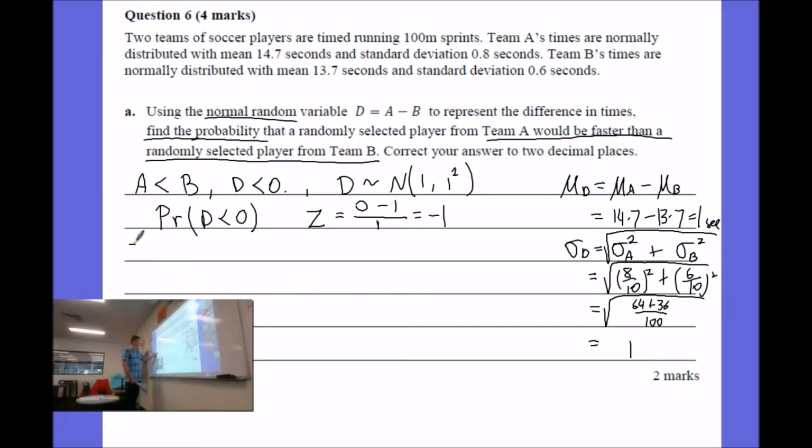So evaluating this is the same as finding when Z is less than -1. That's just one standard deviation to the left.